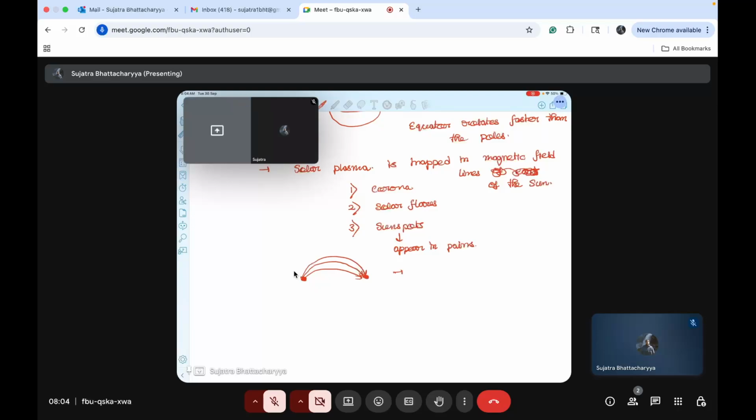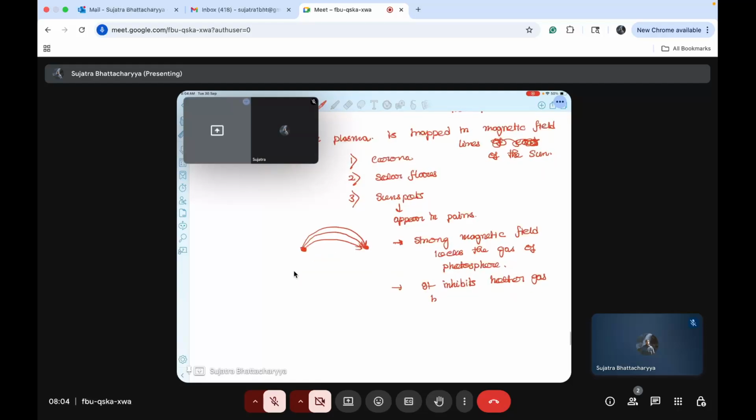So you can see that a strong magnetic field locks the gas of the photosphere and inhibits the hotter gas below from rising at the sunspot.